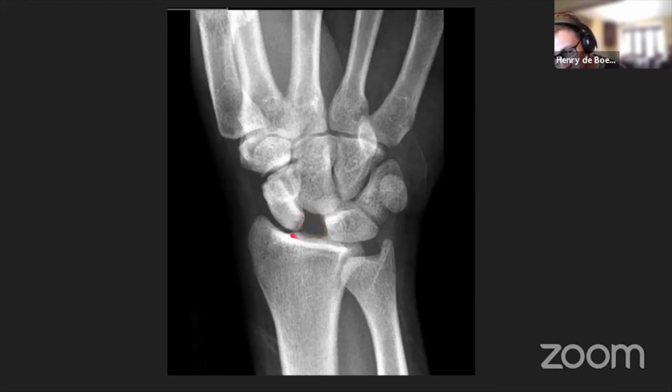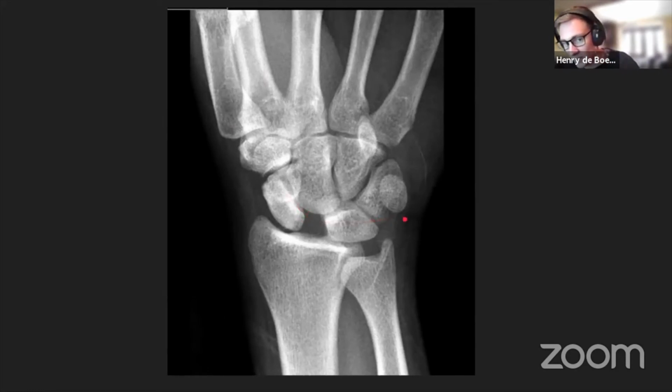This is an important sign to pick up, because there is a ligament that runs between the scaphoid and the lunate called the scapholunate ligament, and you can have an injury or a complete transection of this ligament. If that happens, the scaphoid and the lunate start to drift apart from each other. They get wider and wider, and if this isn't treated, it can lead to really bad deformity of the wrist.